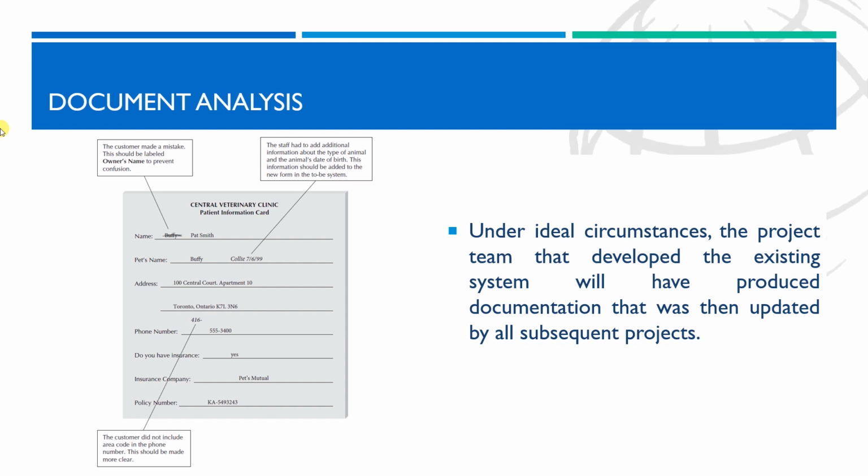And we have an example of how a document can be interpreted with this document analysis technique in the picture in the slide. The most powerful indication that the system needs to be changed is when users create their own forms or add additional information to existing ones.